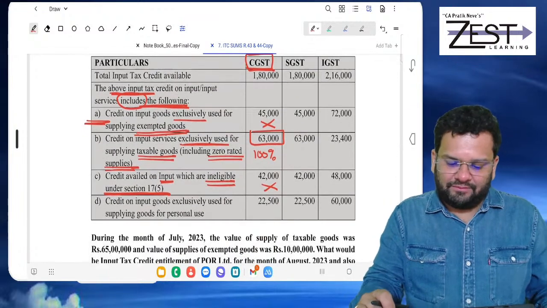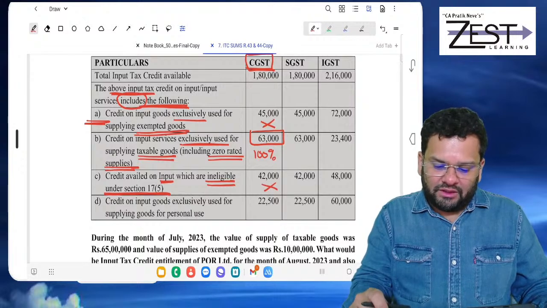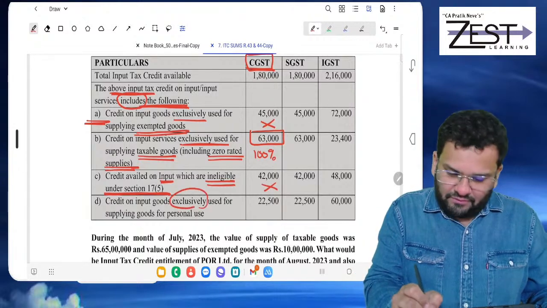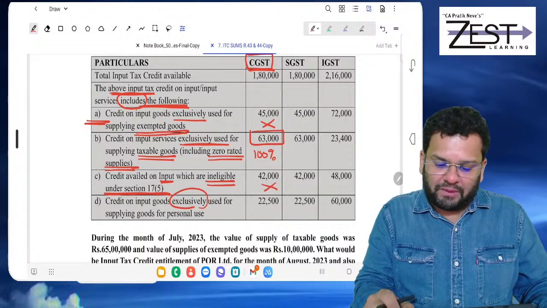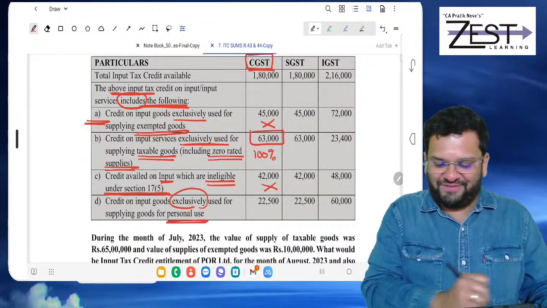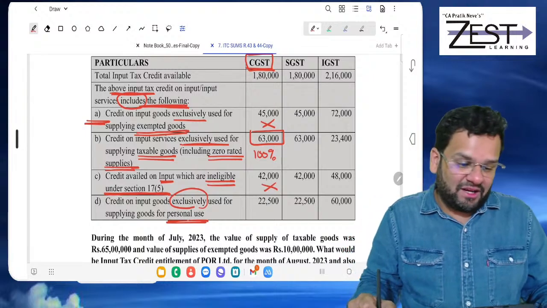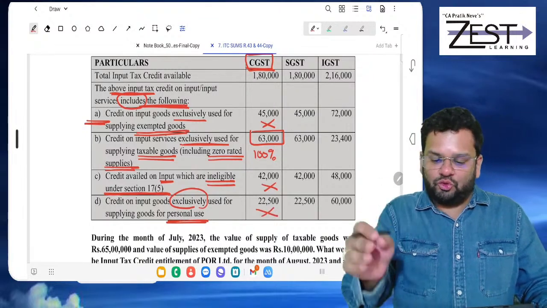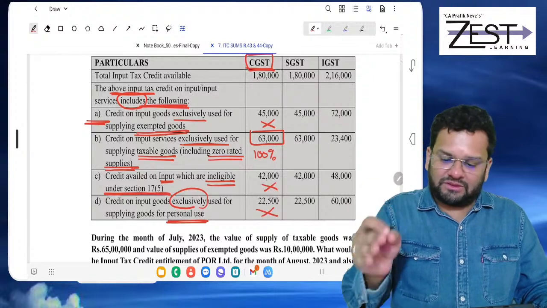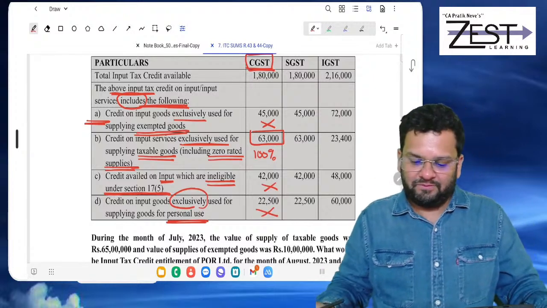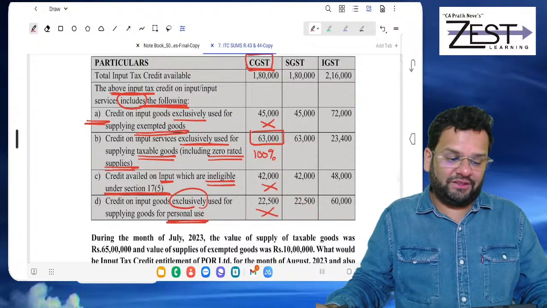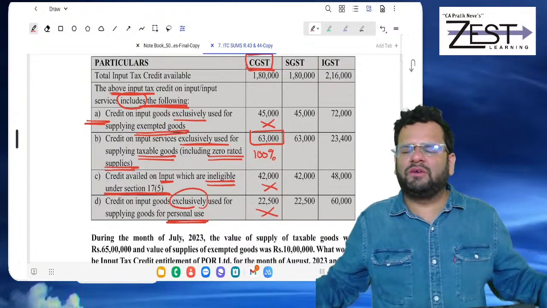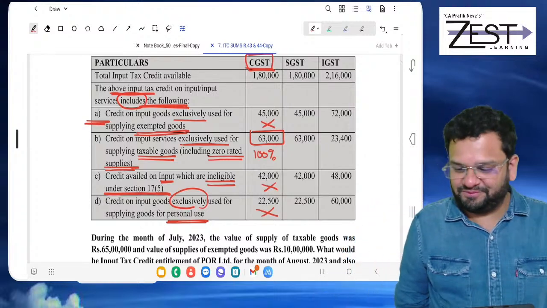And lastly, credit on inputs exclusively used for supplying goods for personal use. Will ITC be allowed? It will not be allowed. It is used exclusively for personal use. Did you understand till this point? Very good. I can see all of you giving fantastic answers.